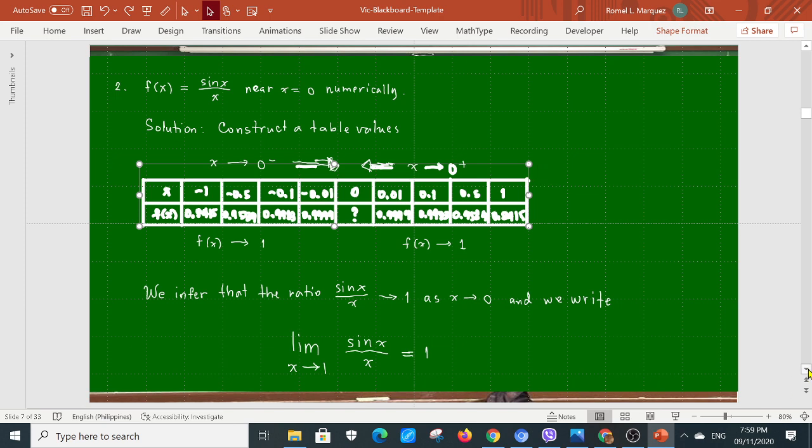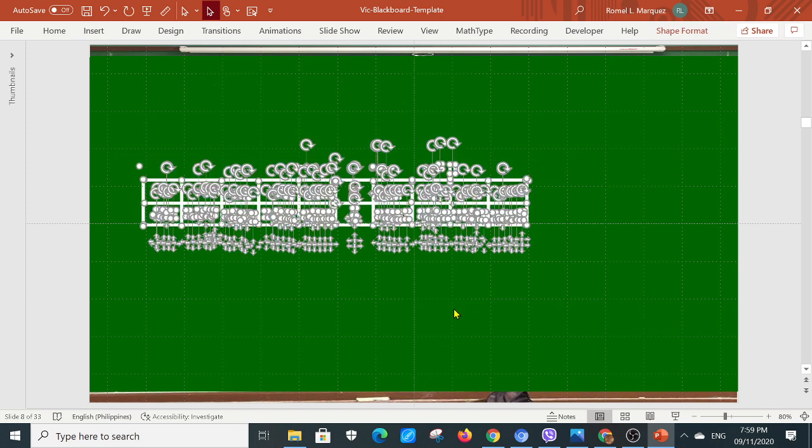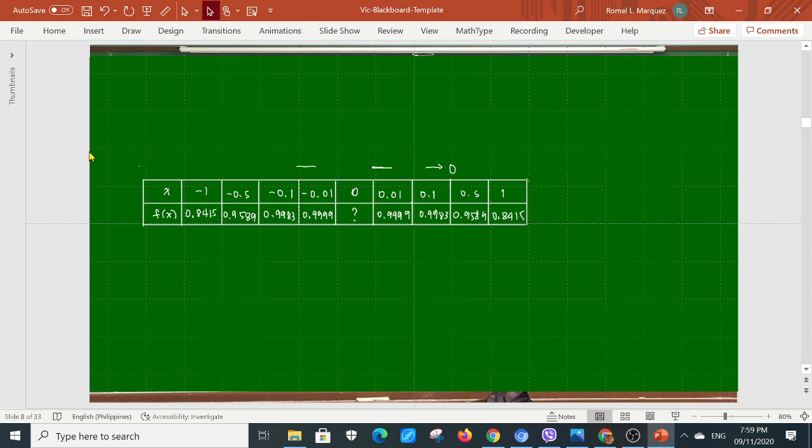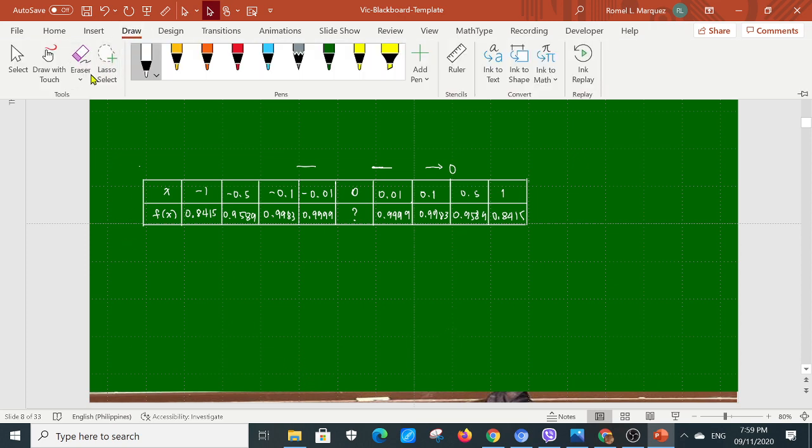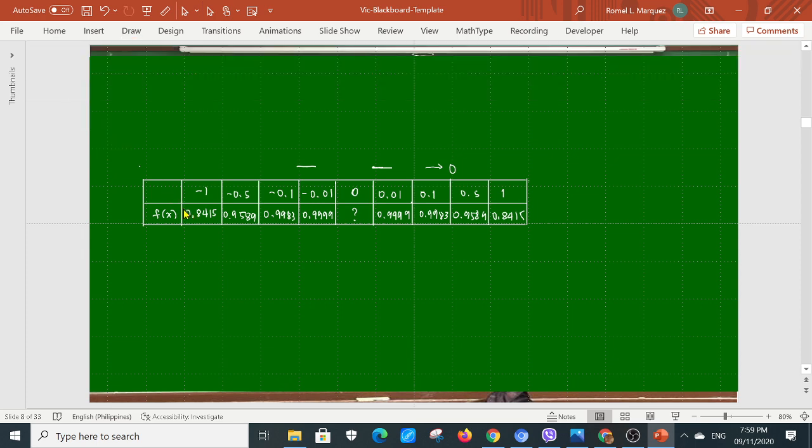Copy it in the next slide. But I have to erase the values. I have to make a medium eraser. I do not have to erase that.